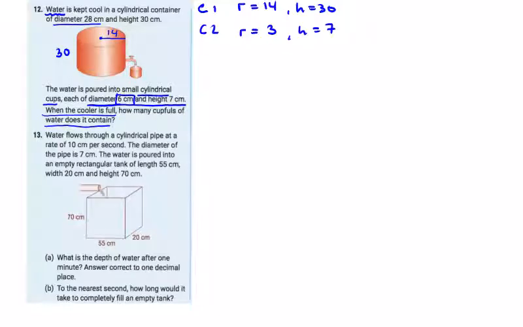Right, well, we can get the volume of cylinder number 1. The volume of 1 is pi r squared h. That's equal to, we leave it in pi here, pi by 14 squared by 30, which is 5880 cm cubed.